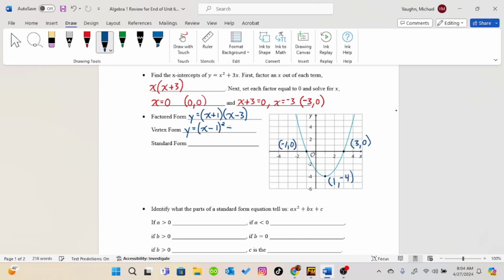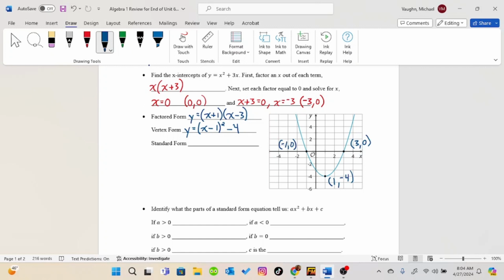Then we're going to add k. K is the y-coordinate of the vertex. So we're going to add -4. If I add -4, then this becomes -4. And now we have found the vertex form.